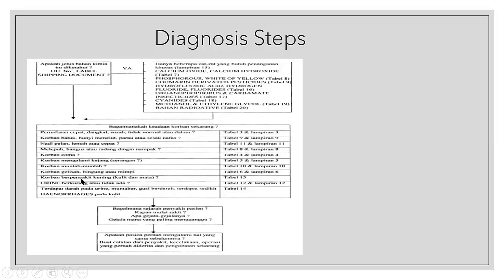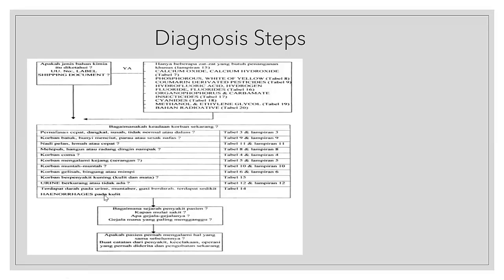And if the victim has yellow fever, which you can see from the skin and eyes, go to table 15. And if there is less urine or no urine, go to table 12.